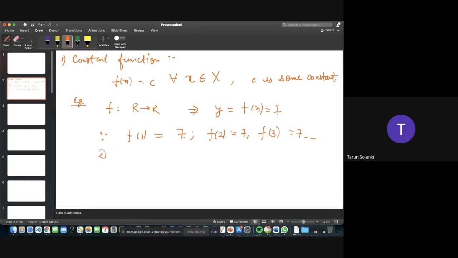So we can say the domain of f is R and the range of f is 7, which is equal to c. So the graph we can draw like this. So y is equal to 7, and this gap is 7, right? So we can say this is our answer.